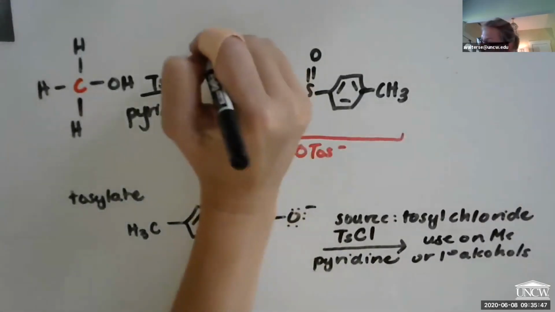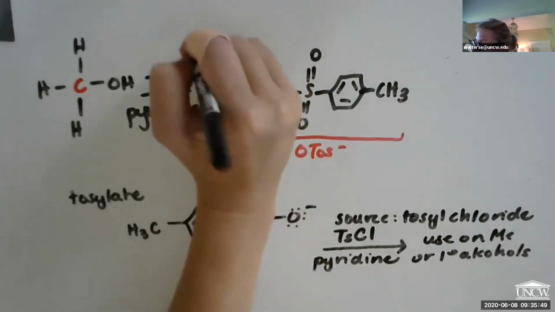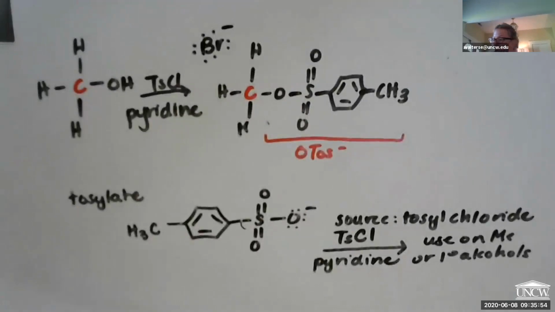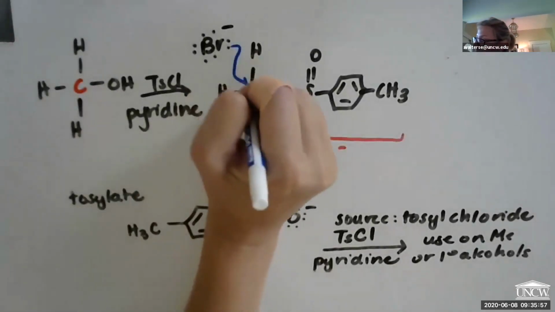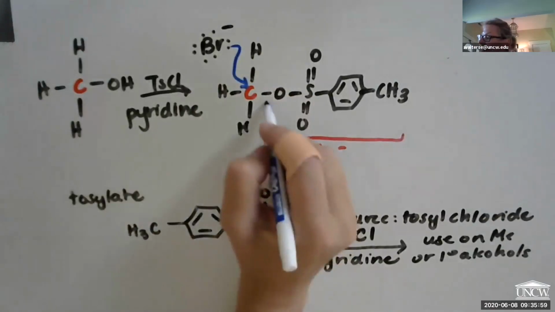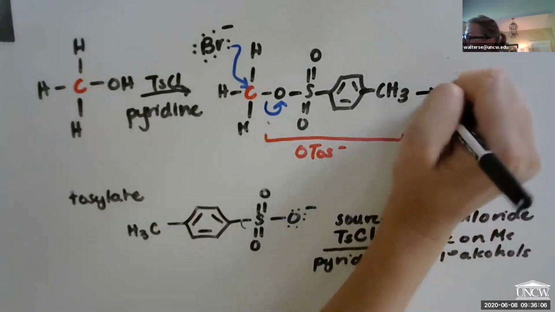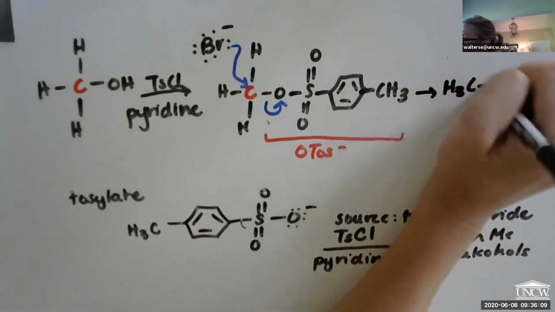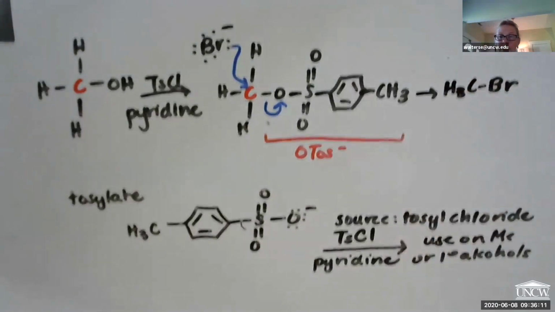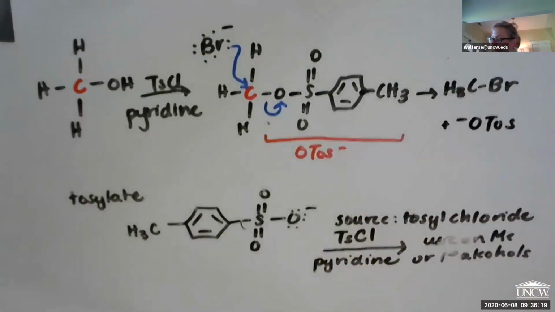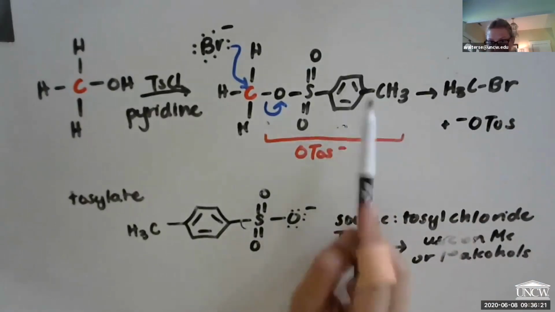So if I would have a bromide in my reaction, then the bromide will attack the carbon, and then this whole group leaves. And I would make my product, bromomethane, and then I would have OTs that, in this case, I wouldn't put this down the drain because of the aromatic ring.